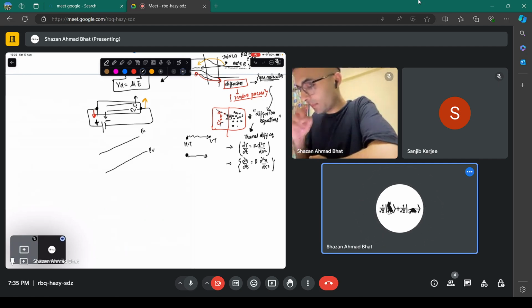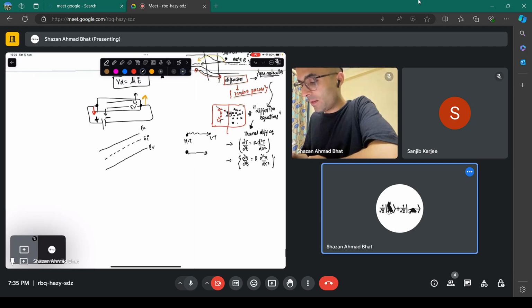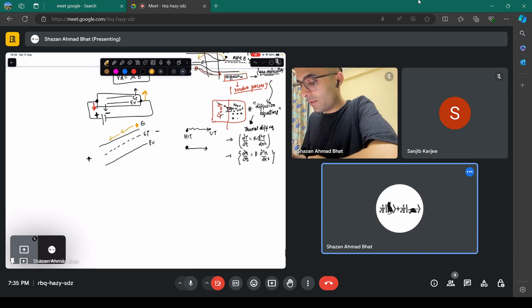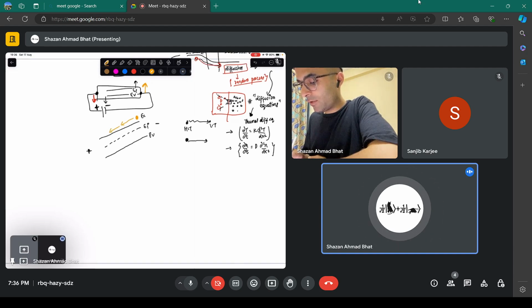Conduction band, valence band. This is the Fermi level, or let's say this is the intrinsic level of the Fermi level. This is just the concept I'm talking about. Because of applying the negative voltage here and the positive voltage here, you have more energy of electrons here. When they have more energy, they will go down the hill, and naturally they will be attracted towards the positive end.